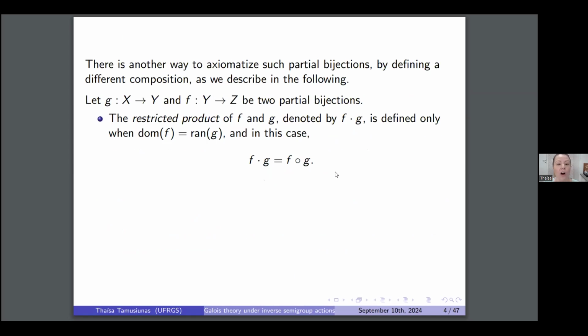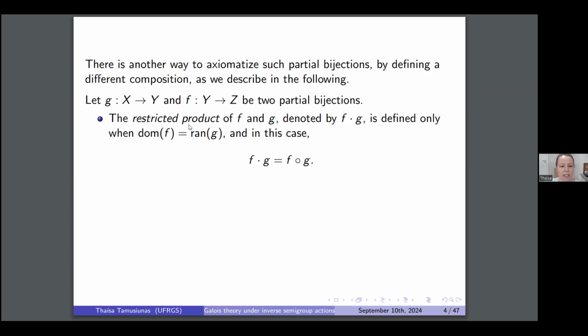And then there is another way to look at this collection of partial bijections by defining a different composition. And with this different composition, we have a groupoid structure.